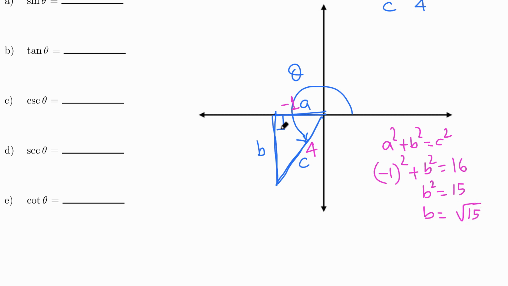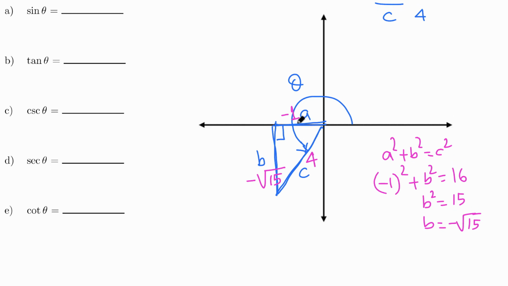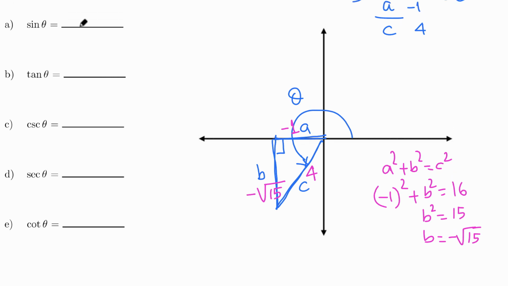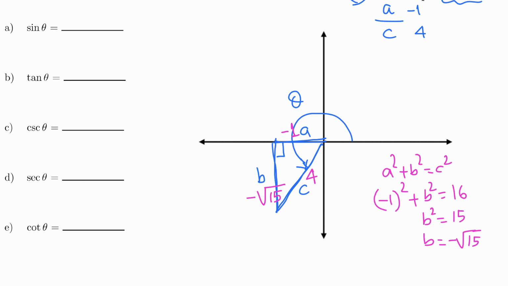Okay, b is down here below the x-axis, so this has to be negative, so negative square root of 15. So this is negative square root of 15. So we have now all three sides, then we can easily determine these trig functions.